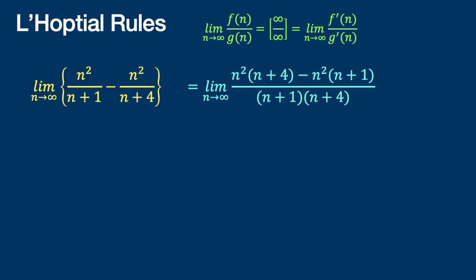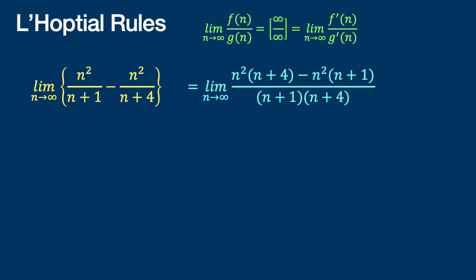The first term we multiply by n plus 4. The second term we multiply by n plus 1. So the numerator is n squared times (n plus 4) minus n squared times (n plus 1), over (n plus 1) times (n plus 4).